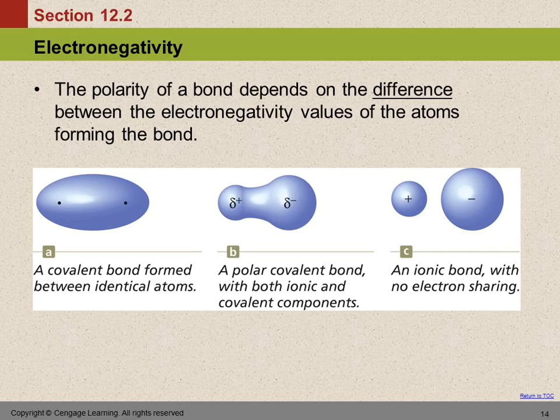Electronegativity becomes important when we're talking about bonding. And so here in these illustrations, on the left, figure A shows a covalent bond between identical atoms. These have the same electronegativity. Which is more electronegative, carbon or carbon?